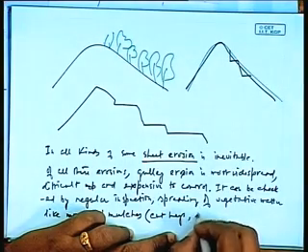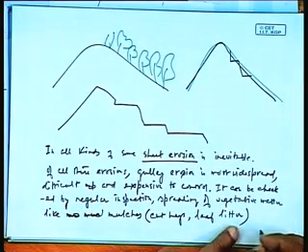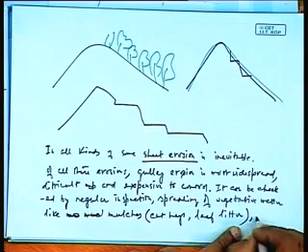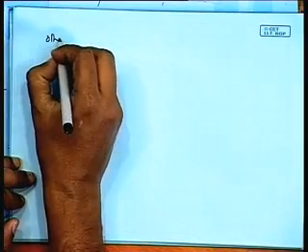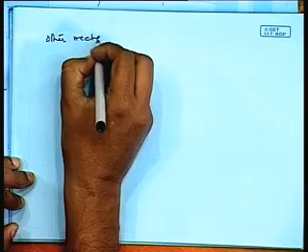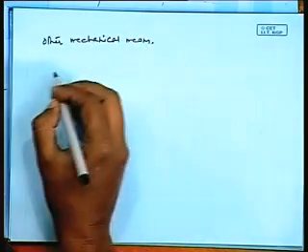So this is one way of reducing erosion: spreading cut grass, leaf litter, and vegetative matter, and other mechanical means. So this can only be restricted like this.